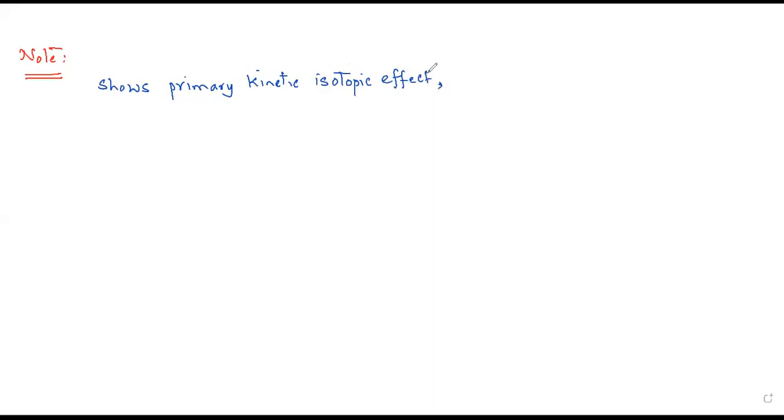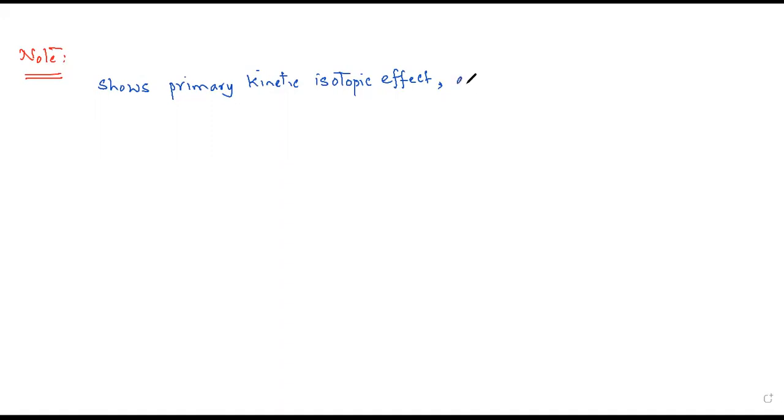But it's not because the carbon hydrogen bond is undergoing cleavage in the rate determining step. We have seen that. The carbon hydrogen bond is not undergoing cleavage in the rate determining step or the second step. It is undergoing cleavage in the third step. But still, it shows primary kinetic isotopic effect.